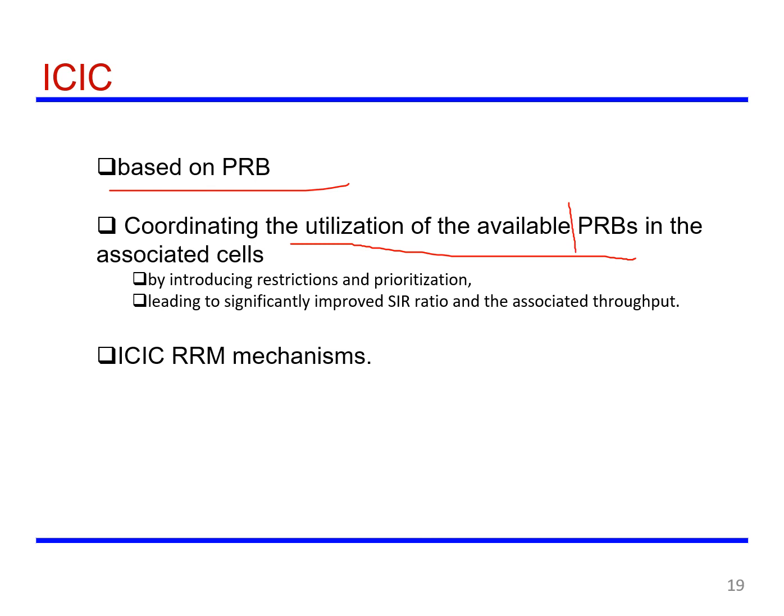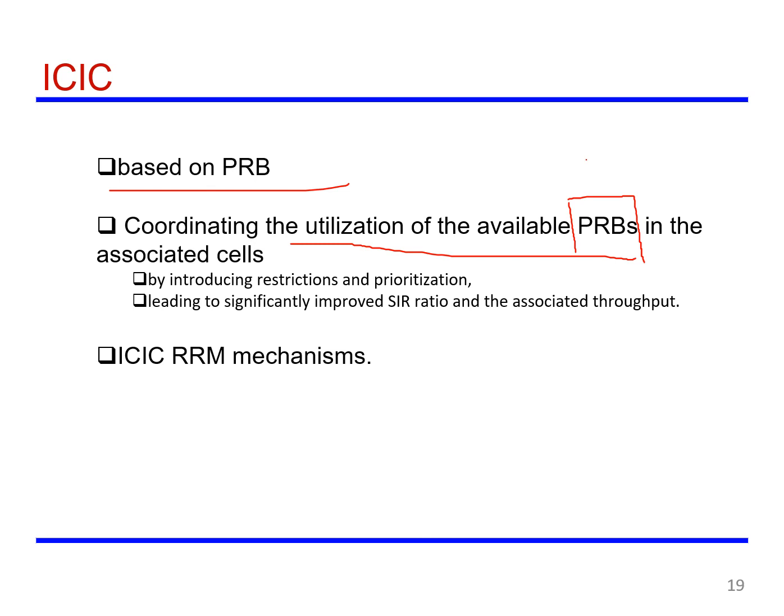So PRBs are the physical resource blocks of OFDMA. In OFDMA, the users will be given resources in terms of PRBs. A certain number of PRBs are associated with a certain number of cells.